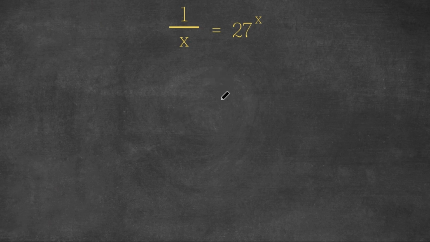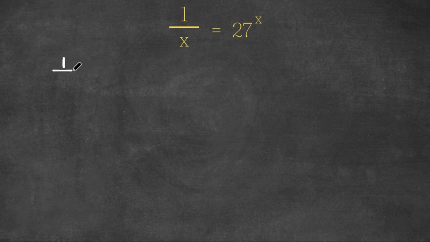In today's video, I'm going to be teaching you guys how to solve this exponential equation. So we have 1 divided by x is equal to 27 to the power of x. Now, what I'm first going to do is take the power of 1 over x on both sides.